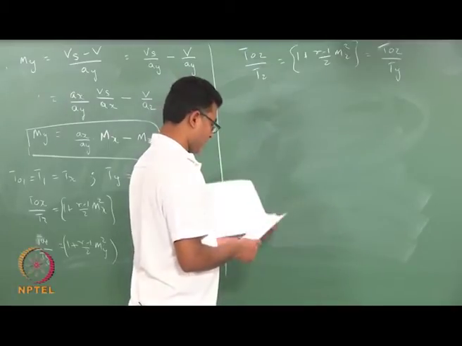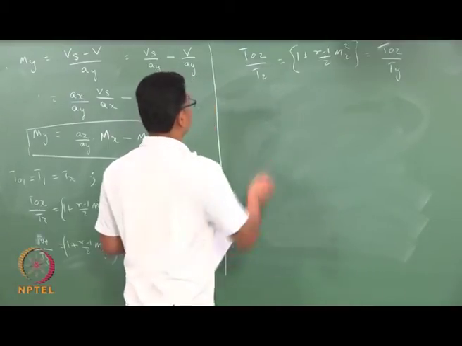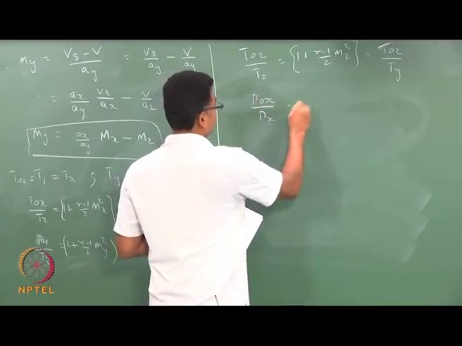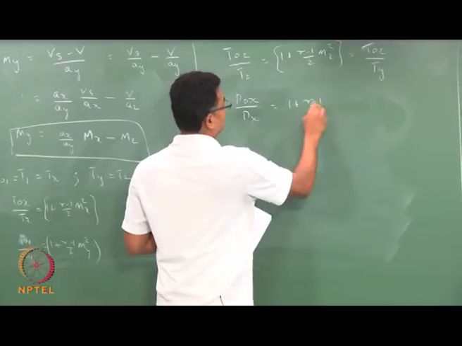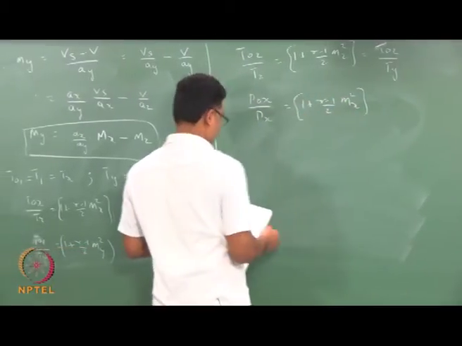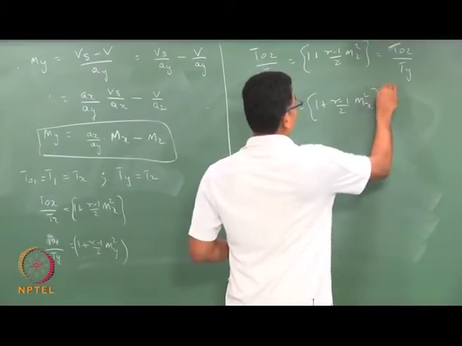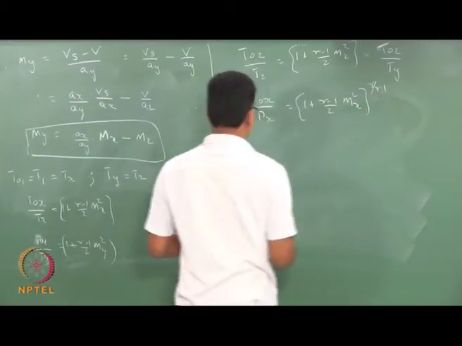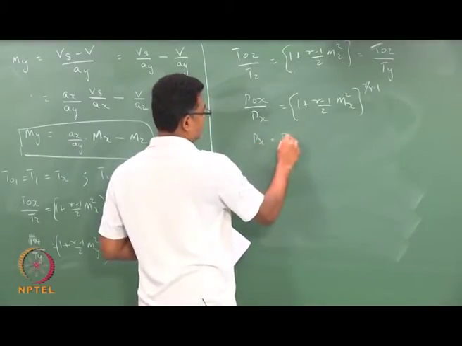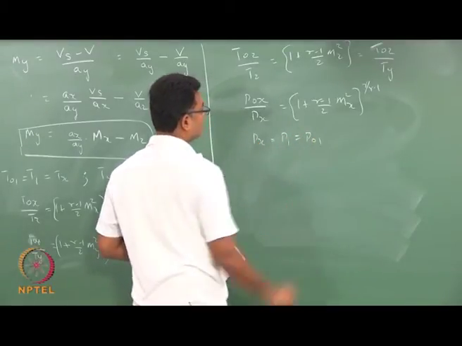Likewise, I can write for P also. P0x by Px is 1 plus gamma minus 1 by 2 Mx square to the power gamma by gamma minus 1. Now, we also know Px equals P1 equals P01.